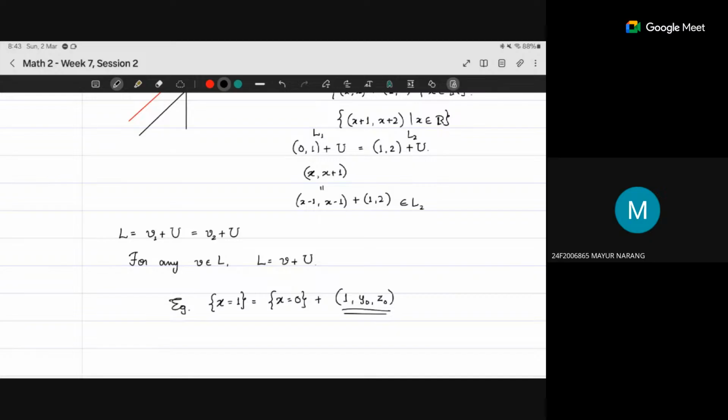You have points, lines, planes, and higher dimensional hyperplanes in higher dimensions. Whatever you have the notion for vector spaces, you translate it, you get the notion for affine subspace, which means adding a fixed vector. And what are all the possible vectors that you are allowed to add is actually any vector of the given affine subspace.